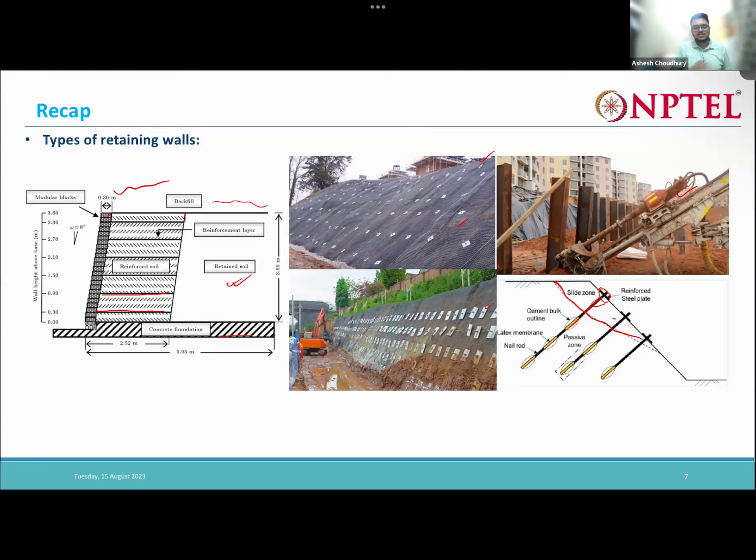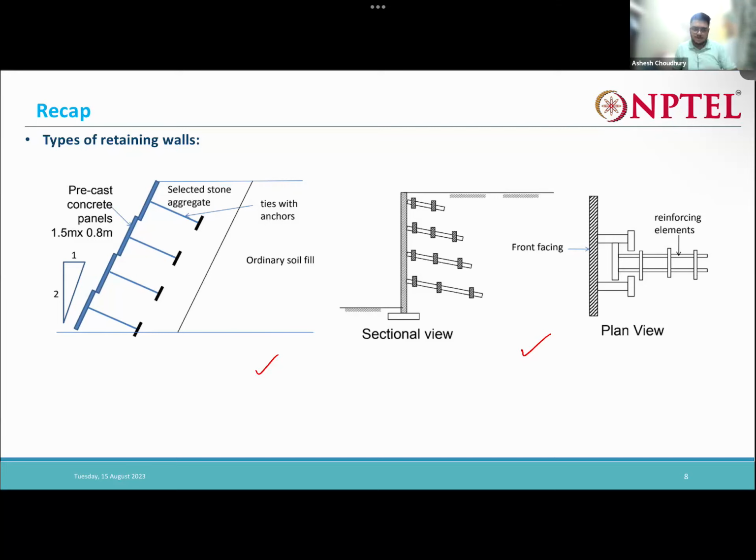These were the initial types of reinforced retaining walls that were constructed. Here you can see some precast concrete blocks at the front, and then we use tie anchors to tie them to the back of the soil.